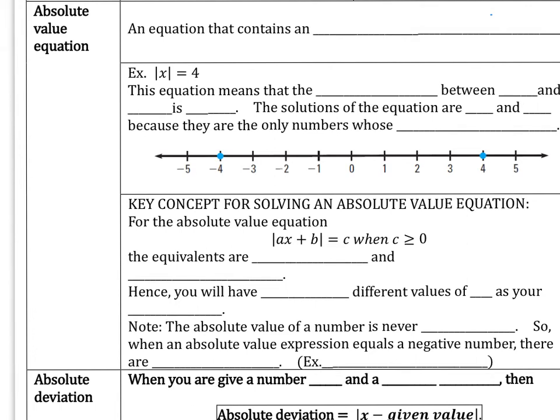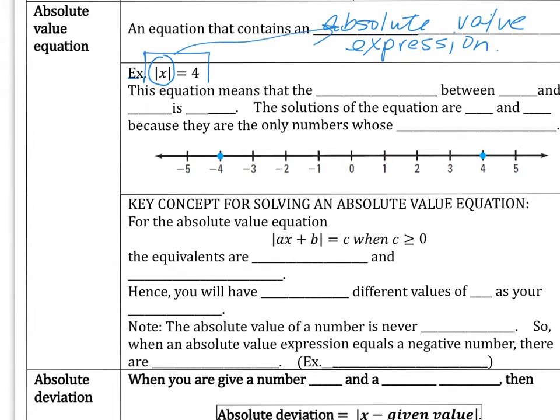Okay, an absolute value equation is an equation that contains an absolute value expression. So let's use an easy example. In this equation, we have the absolute value of x, and that is the absolute value expression within this absolute value equation.